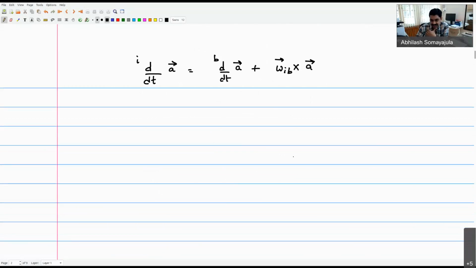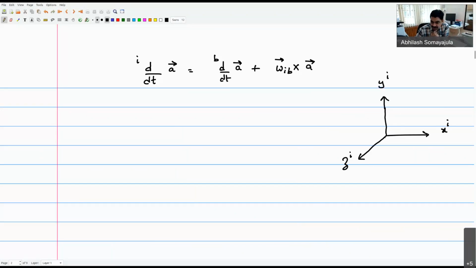For example, let's take a simplistic case. Let's consider that we are looking at an inertial frame as shown here. Let's say x, y, and z. This is xi, yi, and zi.